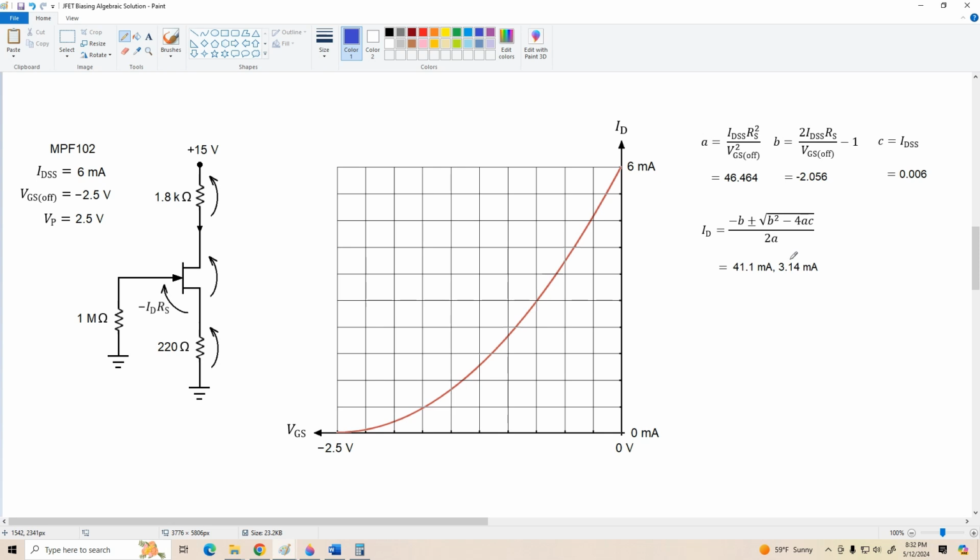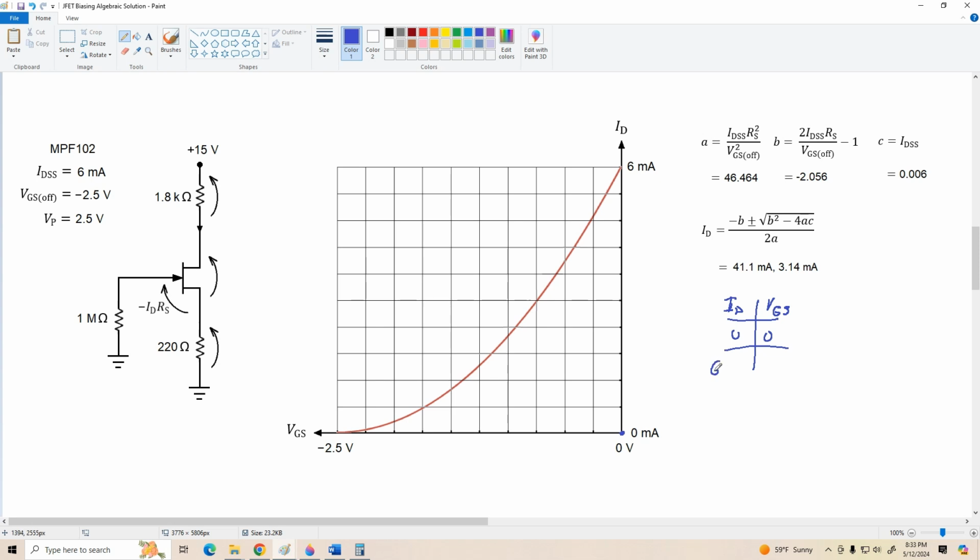Okay, so let's just use the traditional graphical method of determining the Q point and see how close it is to the algebraic method. So let's make our little table with ID and VGS, and starting with 0, 0, our first point is here, and let's use IDSS.